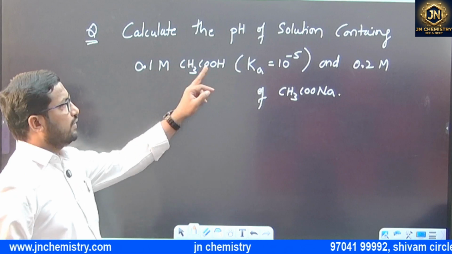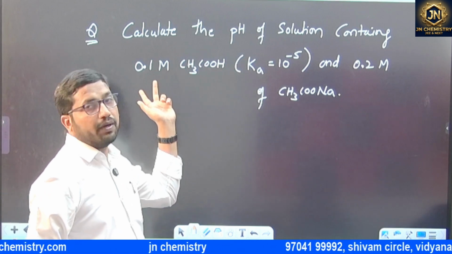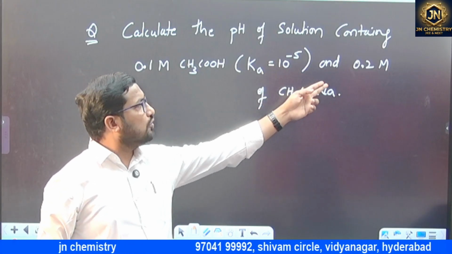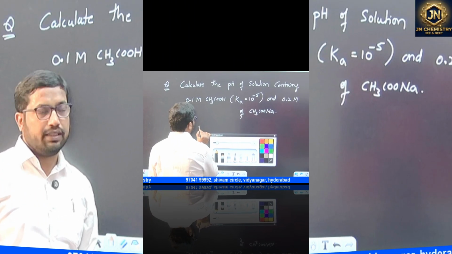Calculate the pH of a solution containing 0.1 molar of CH3COOH, Ka is given, and 0.2 molar of CH3COONa.